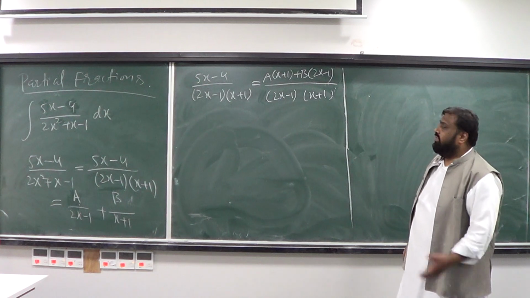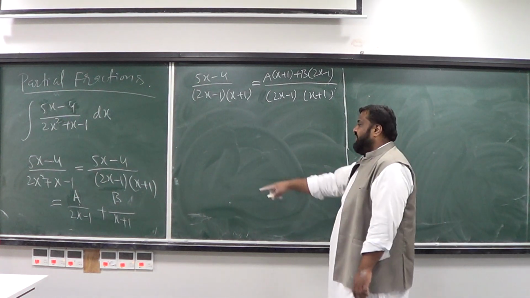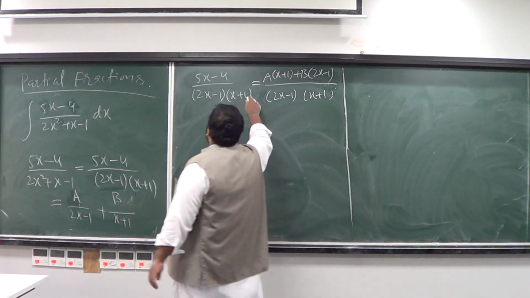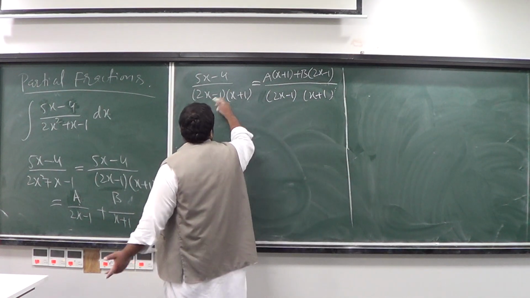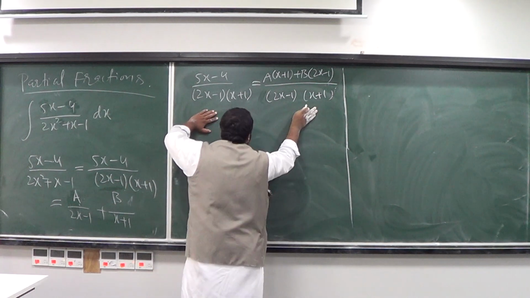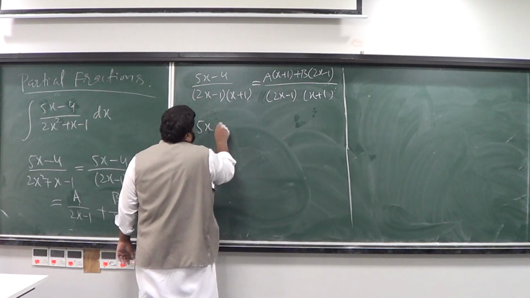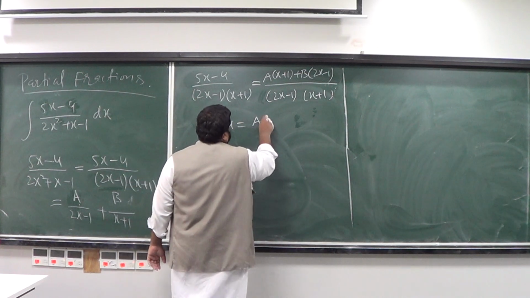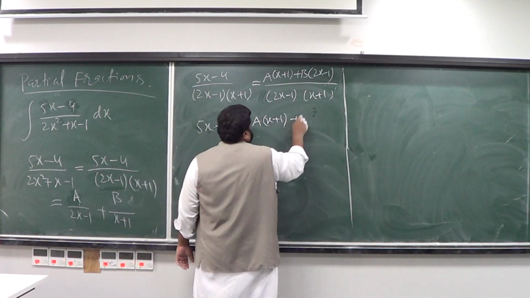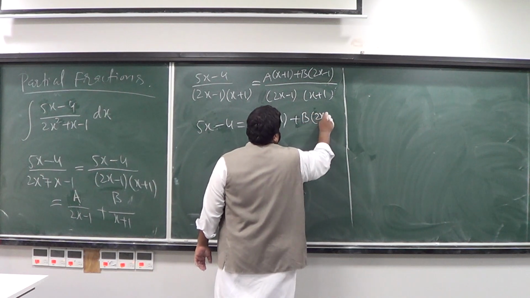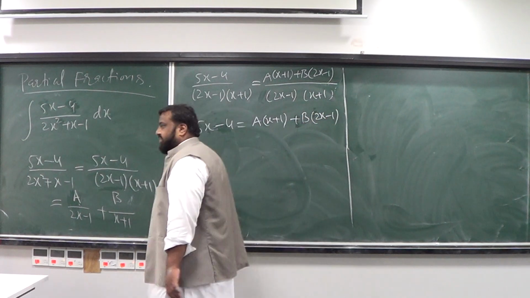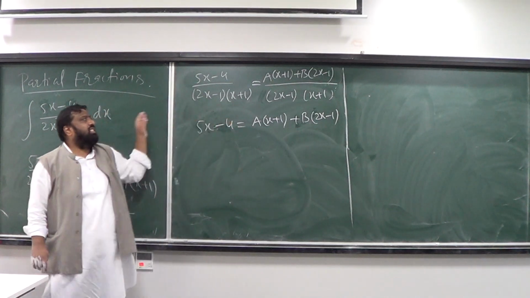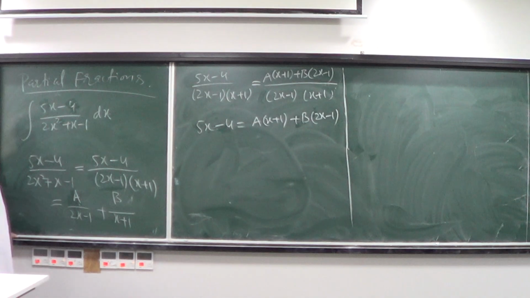Okay? So this would be really the LCM of both fractions. Then both of the fractions have the same denominator. So if their denominators are same, then numerators should also be same: A times x plus 1 plus B times 2x minus 1. So if the fractions are equal and the denominators are same, then the numerators must be equal.